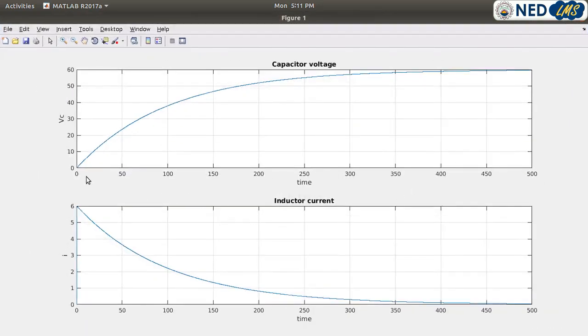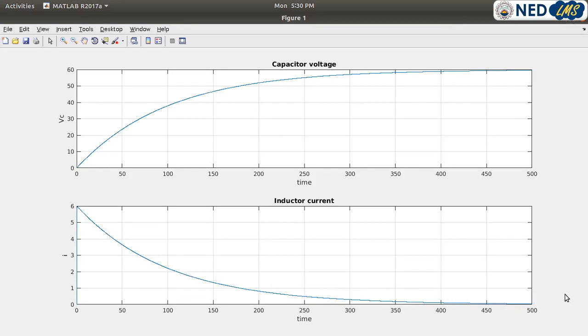Now here you can see the voltage across the capacitor starts from 0, and it then comes to the final value, which is the 60 volts applied to the network. And the inductor current starts from 6 amps and then decreases down to 0 amps.